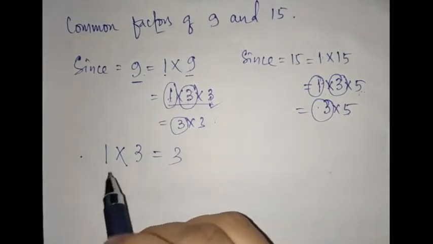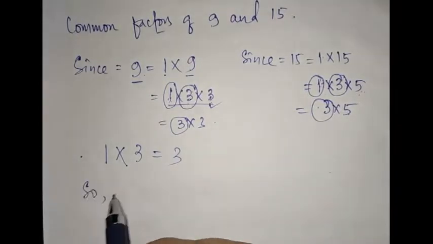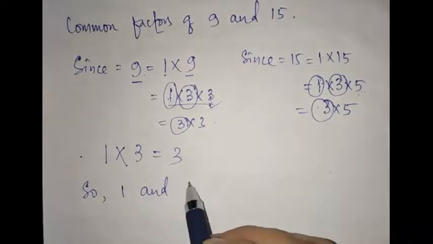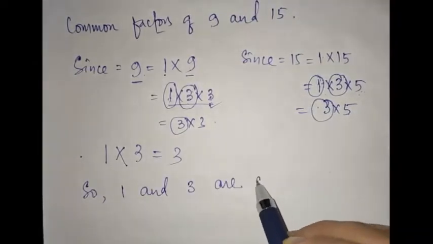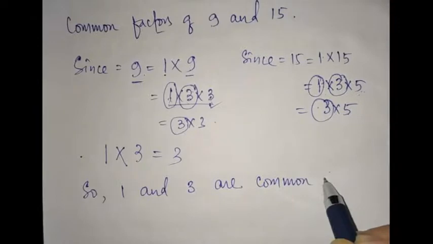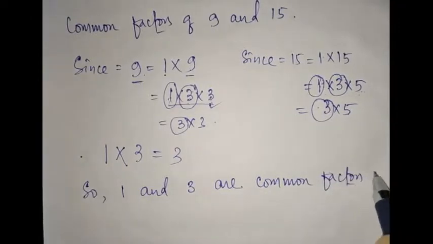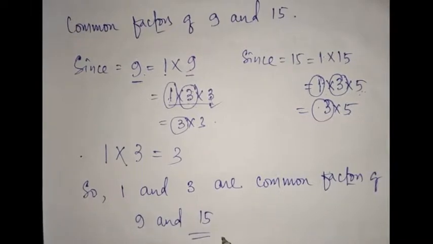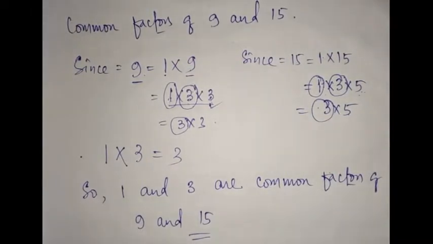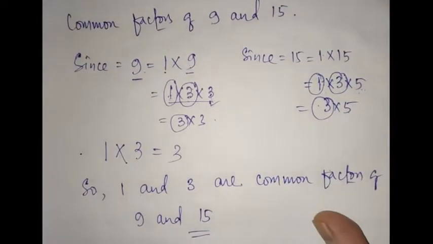So you will write: 1 and 3 are common factors of 9 and 15. So the common factors of 9 and 15 are 1 and 3.